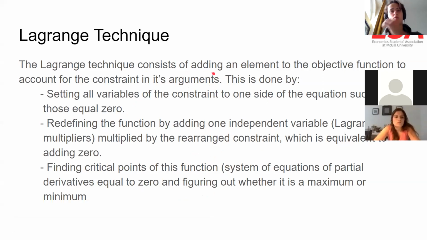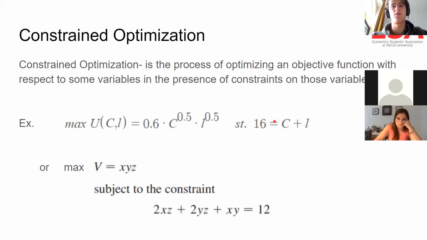The way the Lagrange technique works is by adding an element to the objective function to account for the constraint in its arguments. So what we'll do is take all arguments and put them to one side of the equation, and then set that to 0, which will later on add to the objective function. We can do this because the sum of all our arguments or all elements, if we put 16 on the right-hand side, is equal to 0.